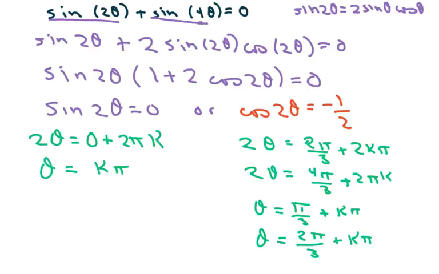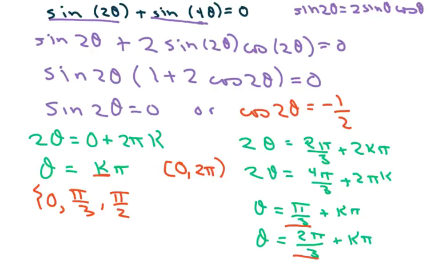Now getting all the solutions on the interval of 0 to 2 pi, and I'm assuming that you already know how to do this. We know that it's going to go 0 and then pi over 3 for this side. And then when we let k be 1 here, we're going to get pi over 2.